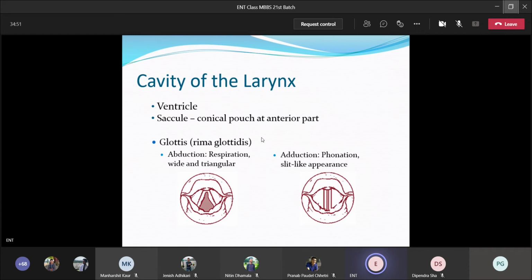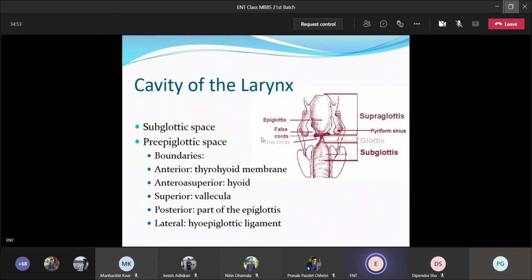So the next slide is the cavity of the larynx: the subglottic space and the pre-epiglottic space.